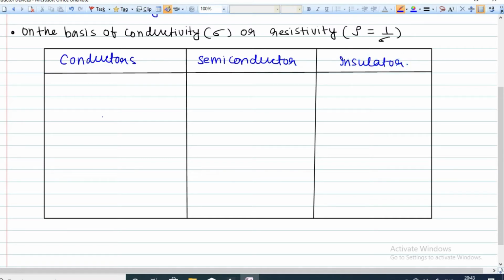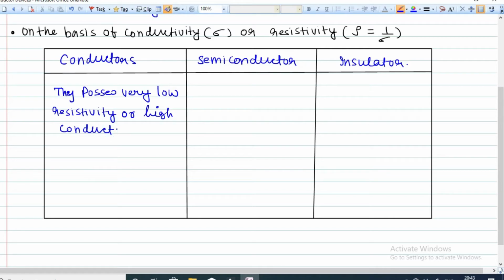In case of conductors, basically metals, they possess very low resistivity or high conductivity. If the resistivity is very low, then its conductivity is very high.